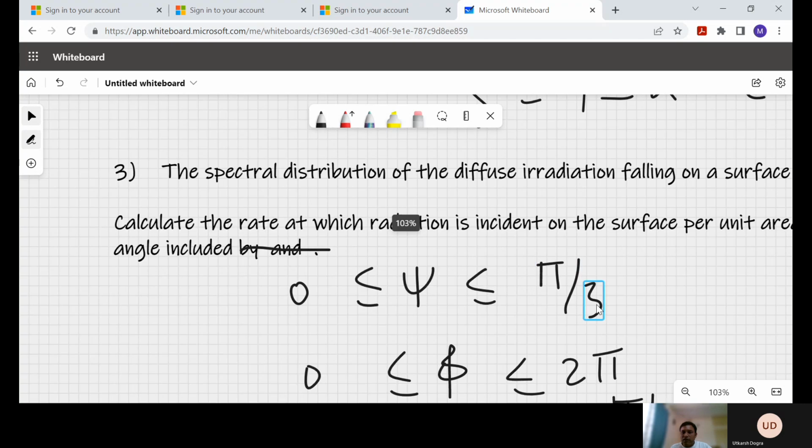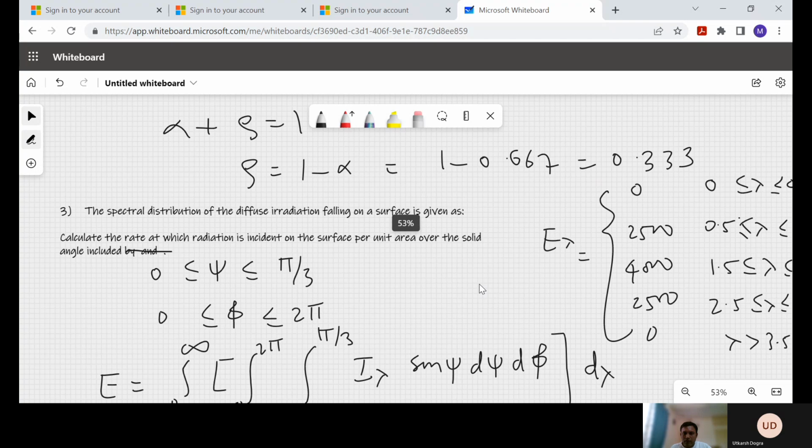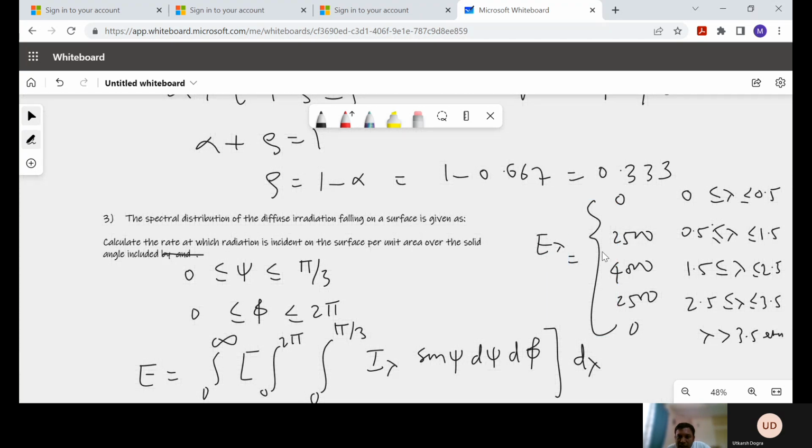In this problem, this epsilon lambda is given, which is nothing but the spectral distribution of diffuse irradiation falling. This is the irradiation falling, but not everything will be intercepted by a particular surface. Only part of it will be intercepted depending on the solid angle. That's why we have represented this epsilon lambda in terms of solid angle first, isn't it?